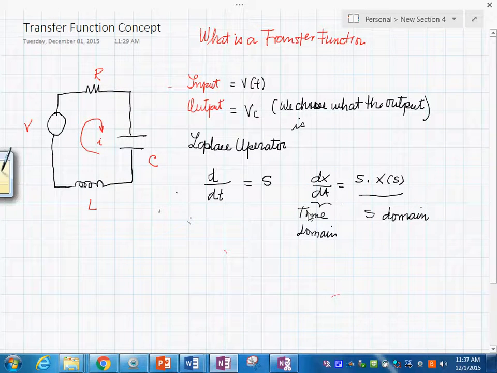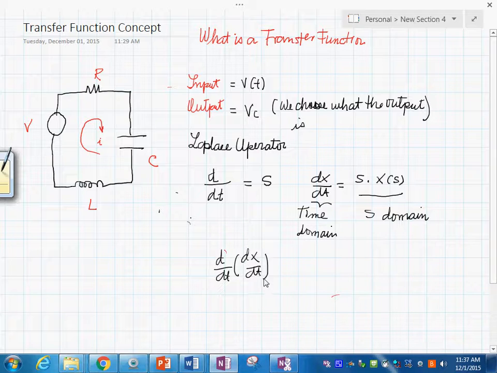Following this concept, if you have d dt of this, in other words d squared x dt squared, it is going to be s times s x of s, or equal to s squared times x of s.